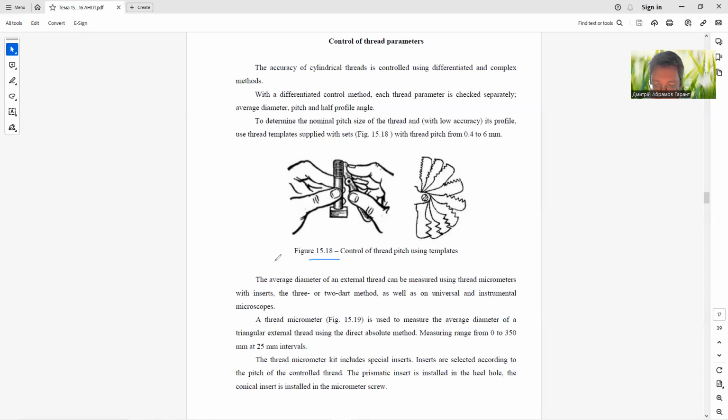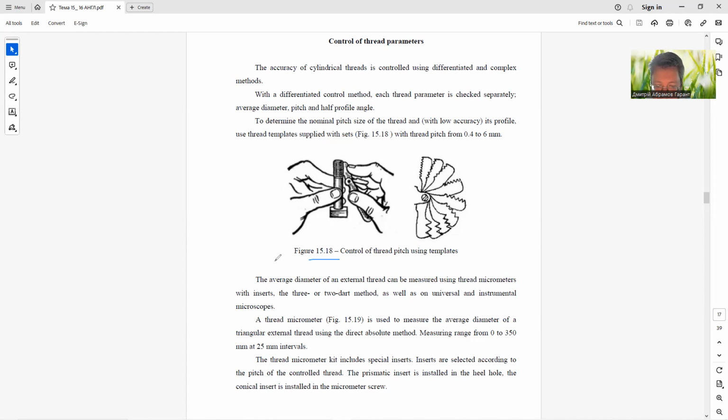A thread micrometer is used to measure the average diameter of a triangular external thread using the direct absolute method. Measuring range is from 0 to 350 millimeters at 25 millimeter intervals.